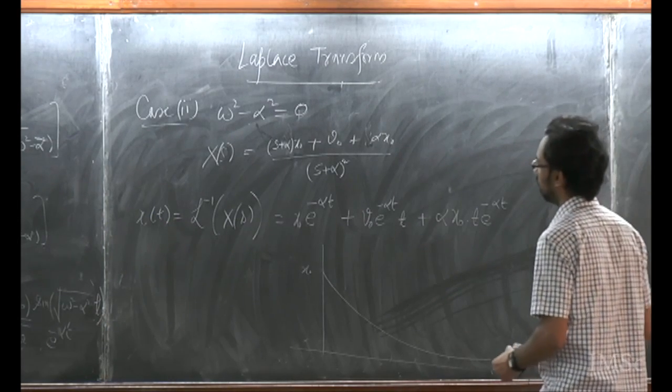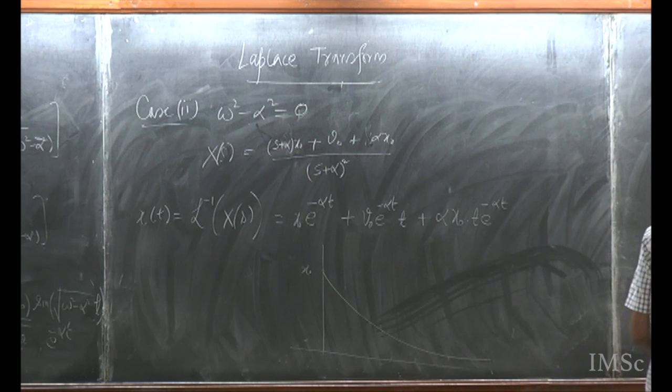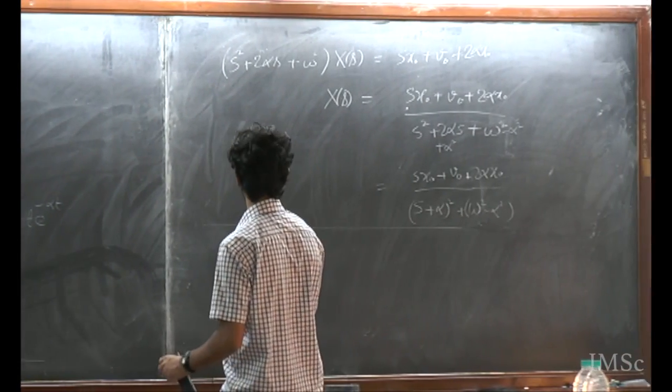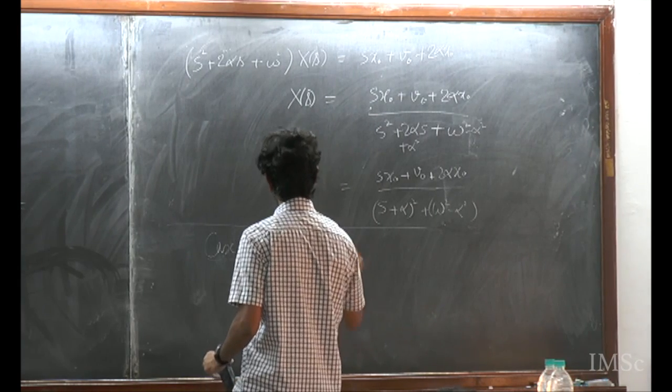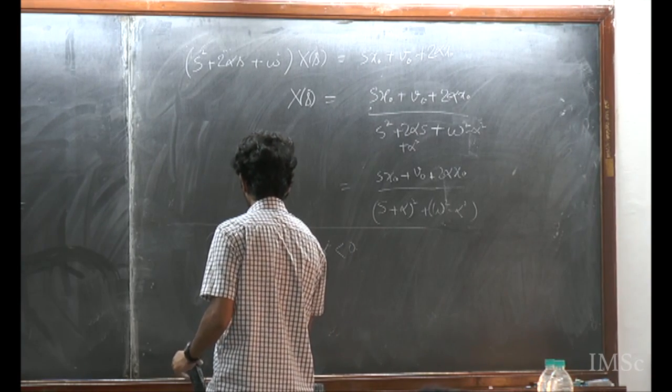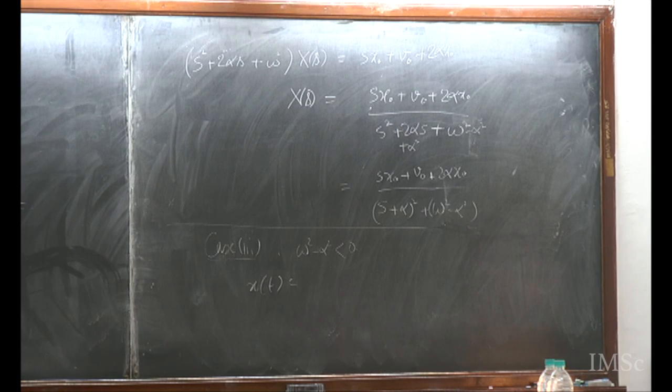The same thing you can do when omega squared minus alpha squared is greater than 0. And let me just write down the answer. Yes, sorry, less than 0. So what is this? This is in terms of hyperbolic sine and cos.